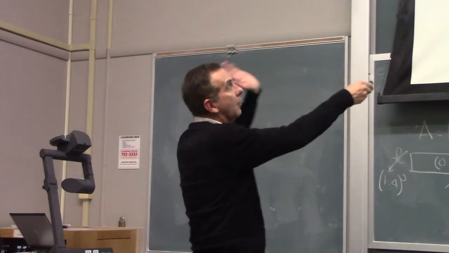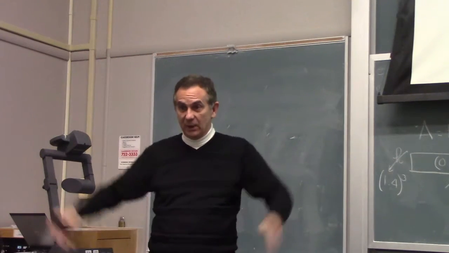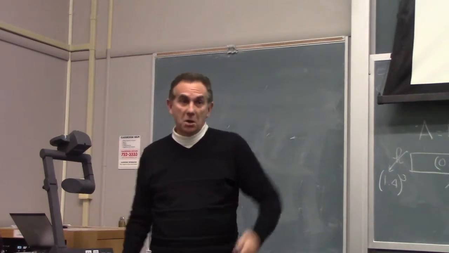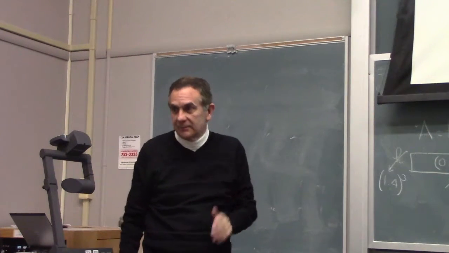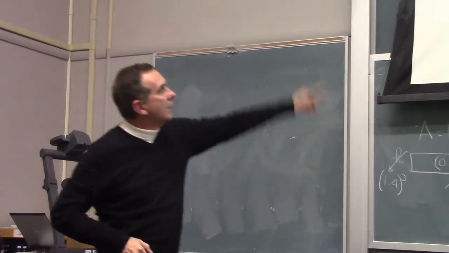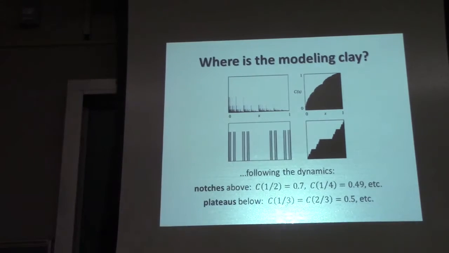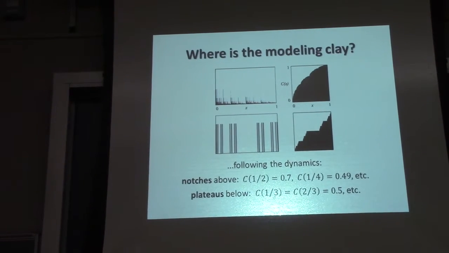By the way, what was united gets pulverized, becomes dust. So at the end you get a cloud of dust. Okay? That's what you get. Okay, so this is a summary. So you get notches above and plateaus below.